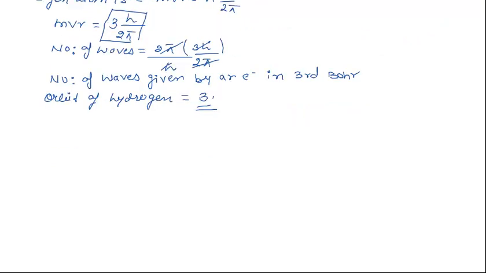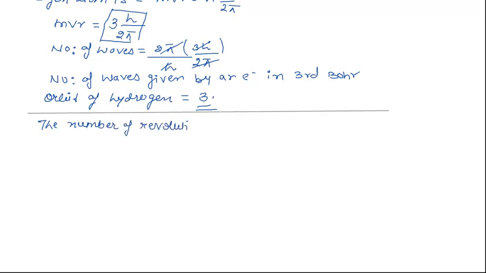So our second step over here is to find out the number of revolutions made by electron in third Bohr orbit.